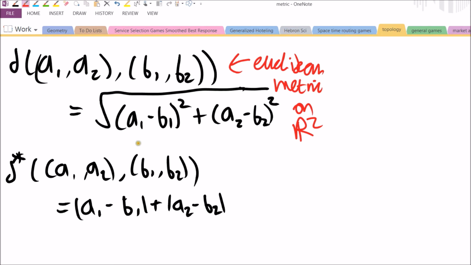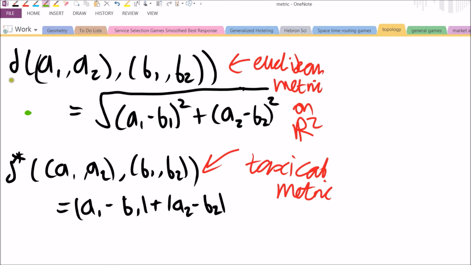Okay, so this second metric here is called the taxicab metric, as I've already discussed. And also remember the shapes of the different balls that these things define. The ball defined by the Euclidean metric is just like a circle. The ball defined by the taxicab metric looks more like a diamond.